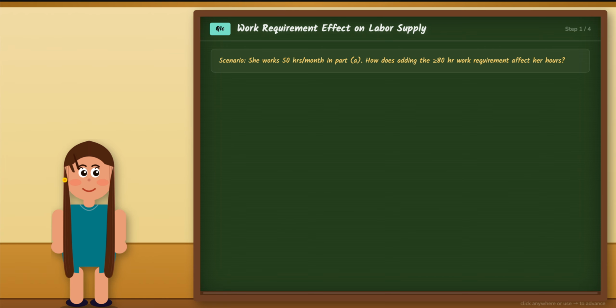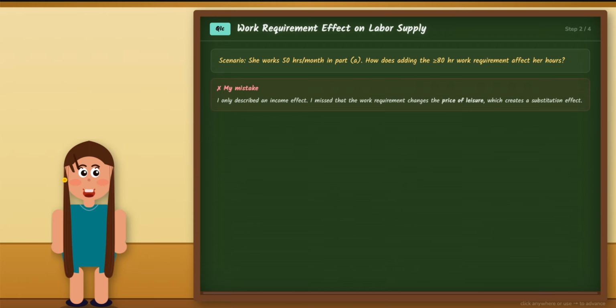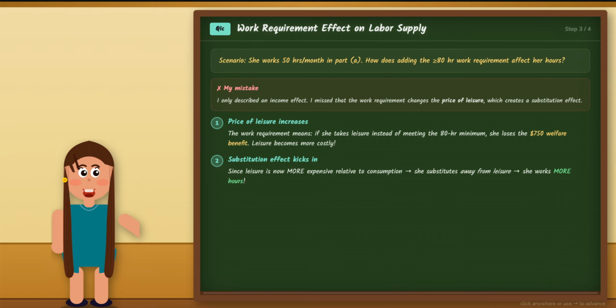Part C of question 1 asks, if she was working 50 hours per month in Part A, how does adding the work requirement from Part B change her hours? What I got wrong was failing to identify the substitution effect. I incorrectly described this as only an income effect. The work requirement doesn't just change income, it changes the price of leisure too.